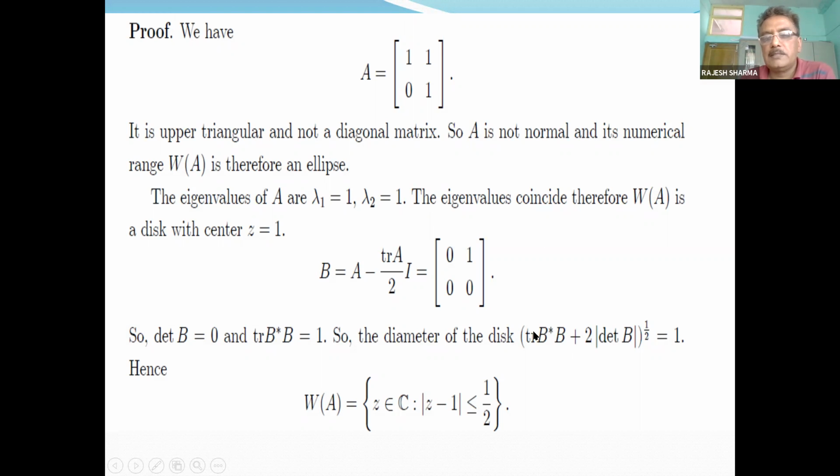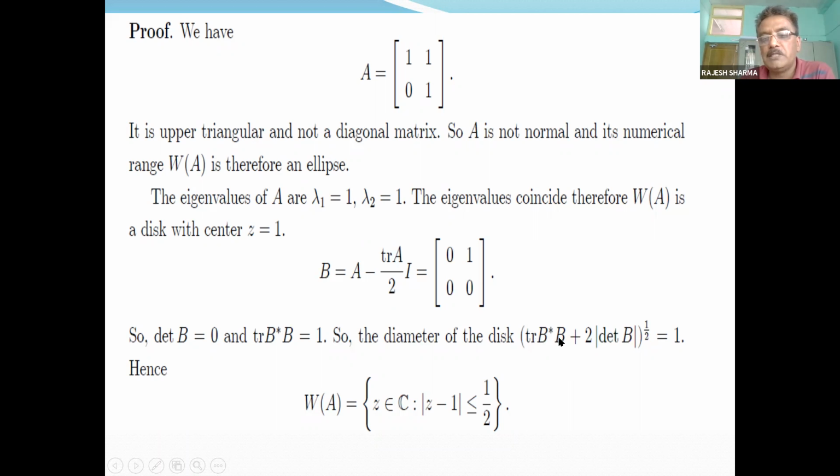Now, this is the length of the major axis of the ellipse. In case of a disk or circle, this becomes the diameter: the square root of trace B star B plus 2 mod determinant B, where B is this matrix A minus trace A by 2 times I. The determinant is 0, so this part vanishes.